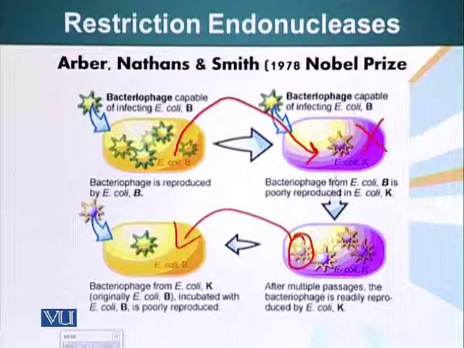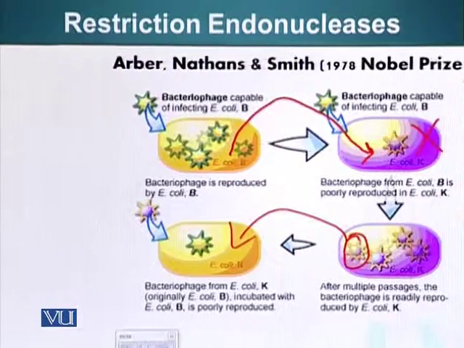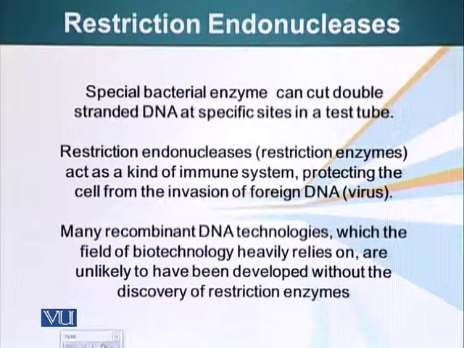So this puzzled the scientists and they wanted to look further into it. So let's look at what they found. They found that special bacterial enzymes can cut double-stranded DNA at specific sites in the test tube. It so happens these bacteria, all cells, can modify their DNA, and their chemically modified DNA serves as a protective mechanism.